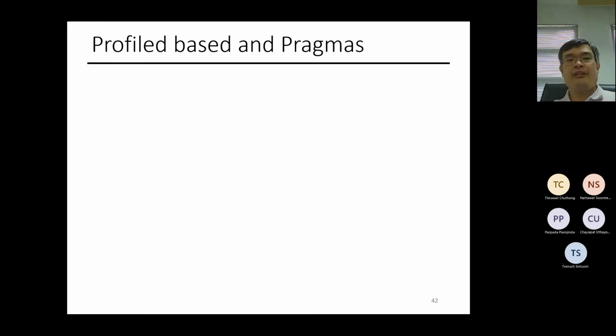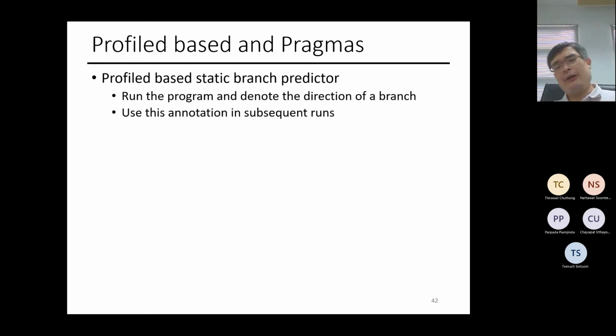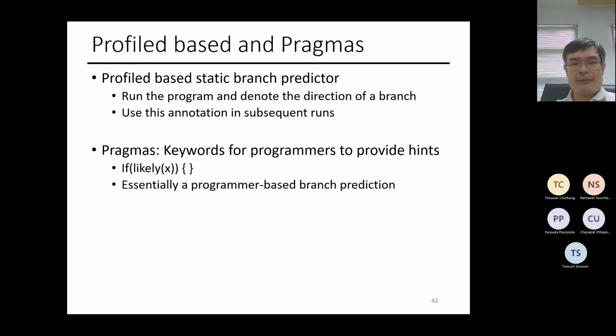Another possibility is to use profile information and pragma. Profile means when I compile, I'll profile the application. Basically, I run the program quickly and take note of the direction of all the branches, and use this to annotate the result of your branch for the next time you actually run the code. And you can do this using pragma.